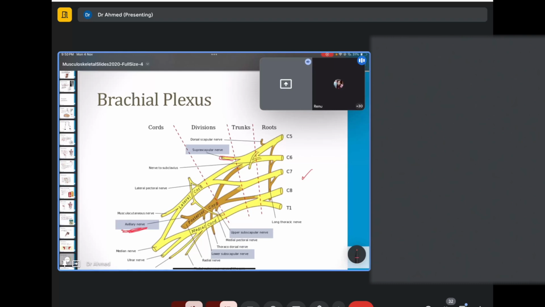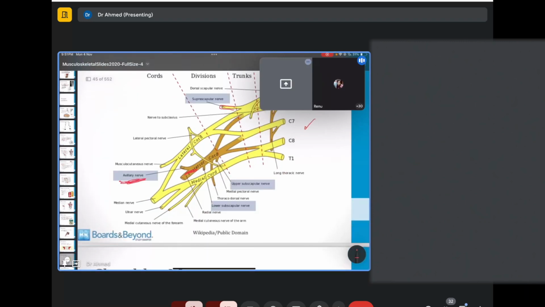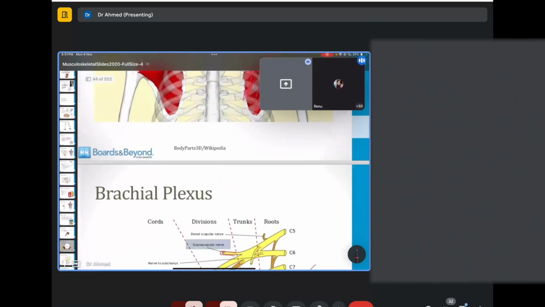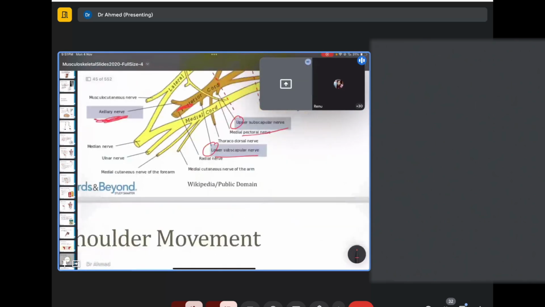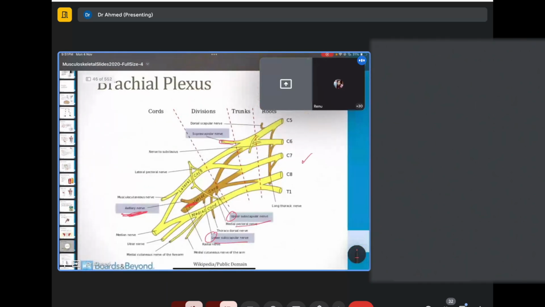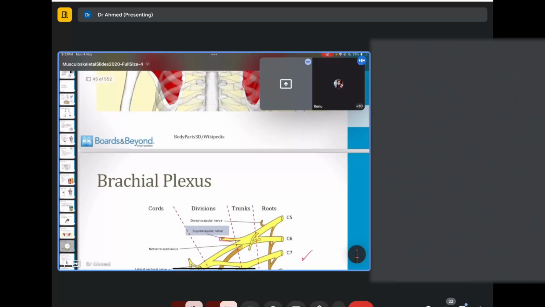For example, whenever your humerus moves forward from the glenoid fossa, you have pressure on the axillary nerve and it is going to be damaged. It arises from the posterior cord. Then you have the upper and lower subscapular nerves, which supply the subscapularis, as the name indicates. Okay, can anyone revise these rotator cuff muscles?